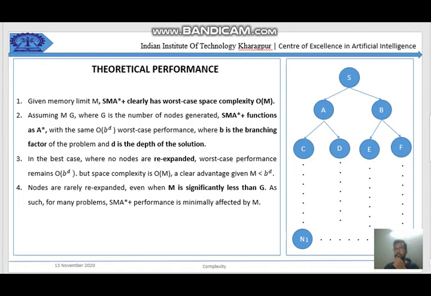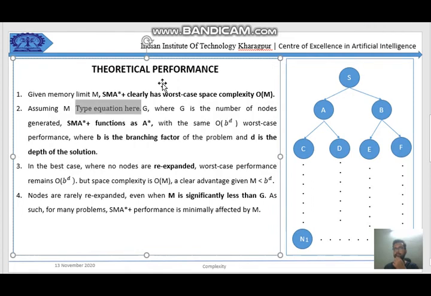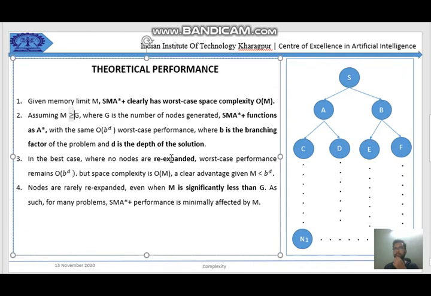Assuming that M is greater than or equal to G, where G is the number of nodes generated, SMS star functions as A star with the complexity of B to the power D, where B is the branching factor of the problem and D is the depth of the solution.